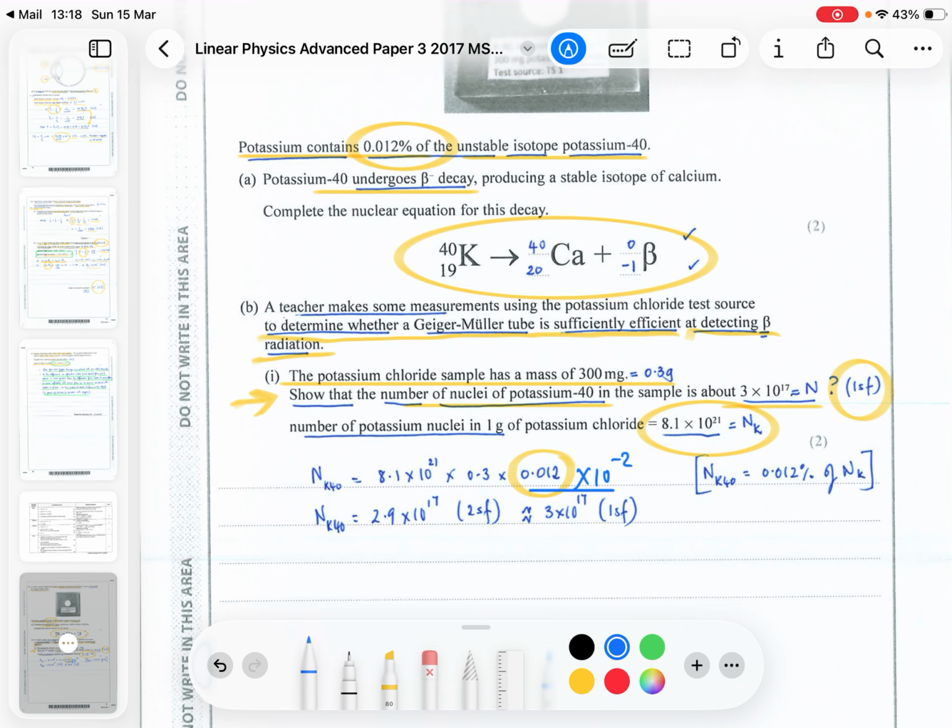That will be the number that you get. So I think if you do that, you do get the right number. 10 to the 21, 10 to the 17, that will take it down 2, and that will take it down 2 more. Yes, so that sounds right. So I've got it right now. Okay, so the answer is 2.9 times 10 to the 17, which is approximately what they asked us to show, to one significant figure.